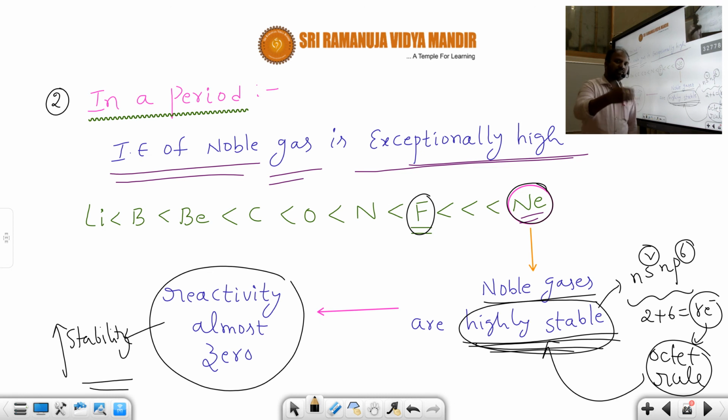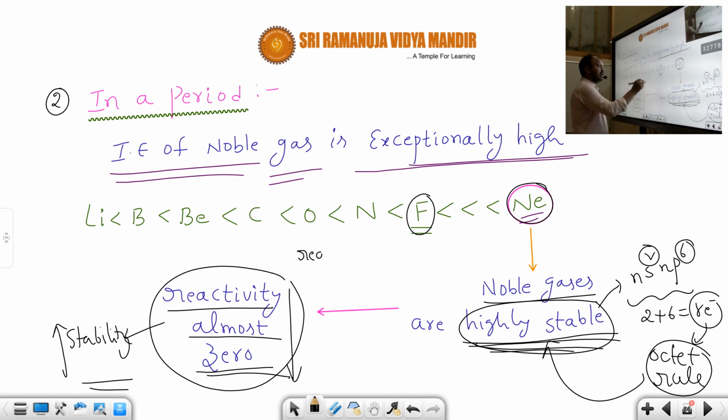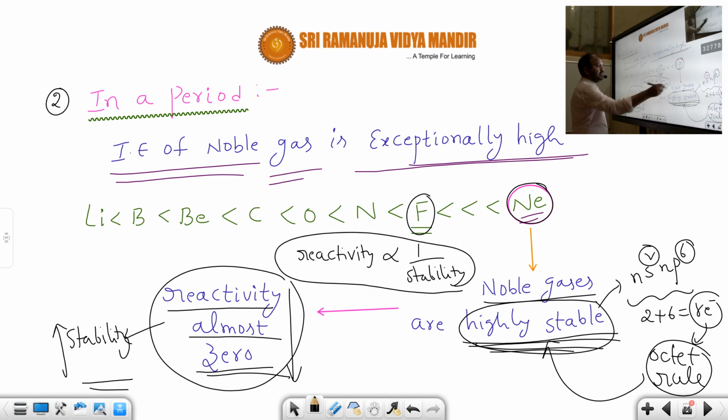These elements do not react with any element or compound, so reactivity is 0. Reactivity decreases, so stability increases, because reactivity and stability are inversely proportional to each other. So whenever reactivity decreases, stability increases.